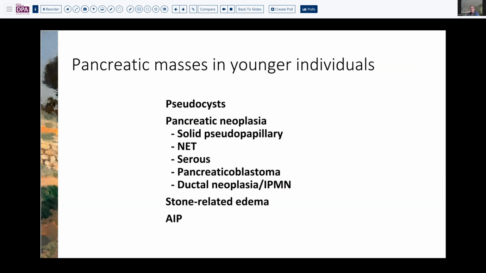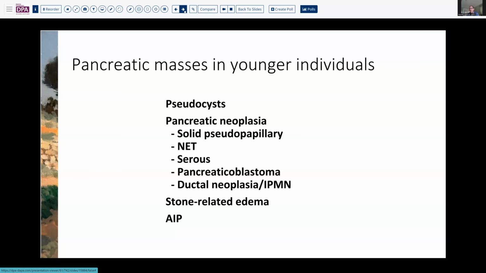I think we also have to be concerned about the possibility of obstructive jaundice due to stones. And sometimes those can be associated with edema that gives the impression of a mass and stranding that can be interpreted as possible neoplasia. And then finally, autoimmune pancreatitis or sclerosing pancreatitis can also produce a mass that can look very much like a neoplasm.